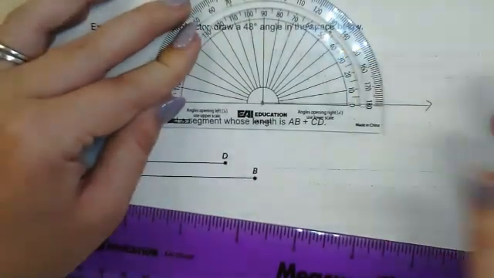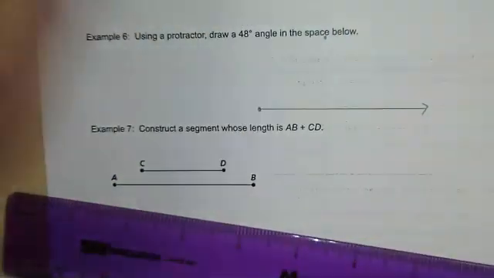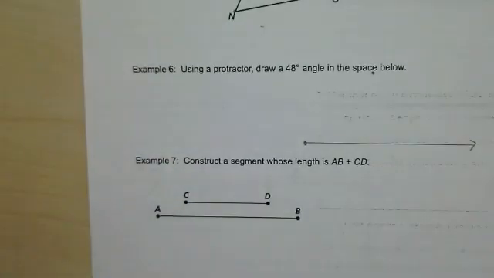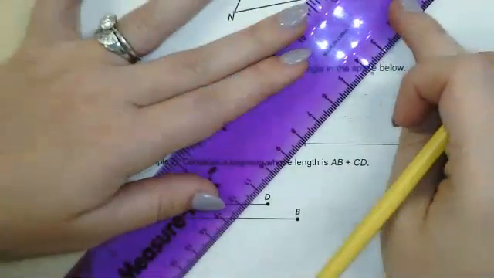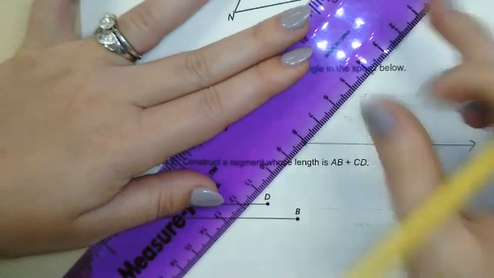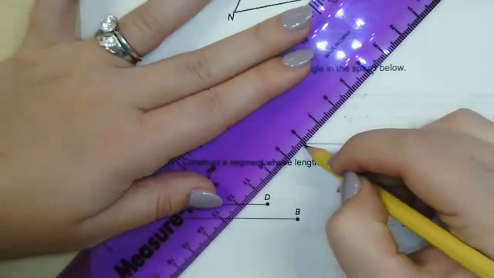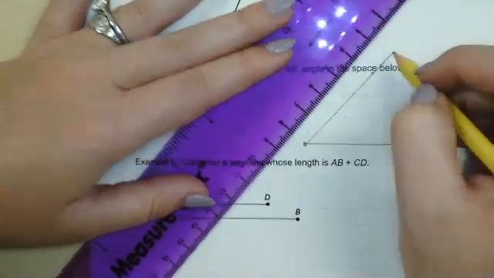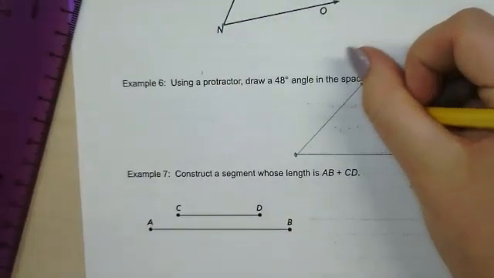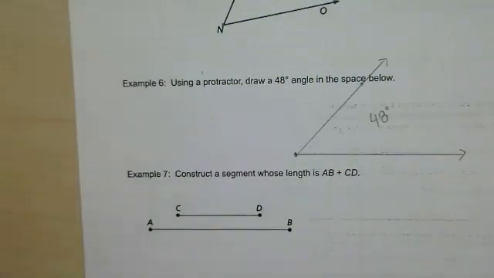So I put myself a little point there. And then I'm just going to take my straight edge and connect those 2 points. Okay, so this should be approximately 48 degrees.